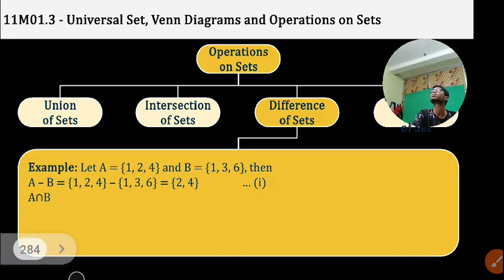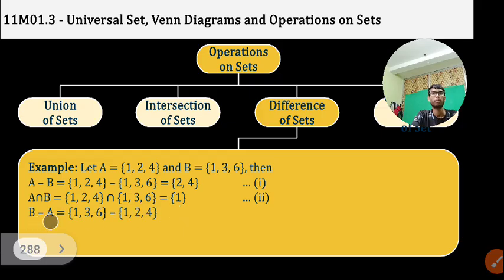Now next, here 2, 4 is not an intersection. A intersection B will give what? 1. B minus A, we are subtracting this from here.